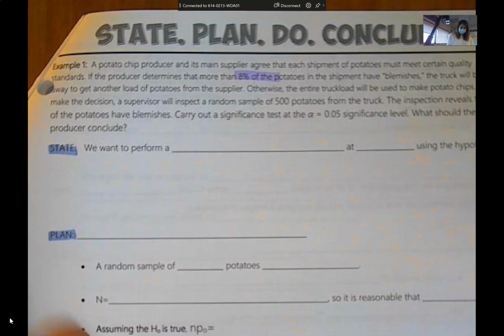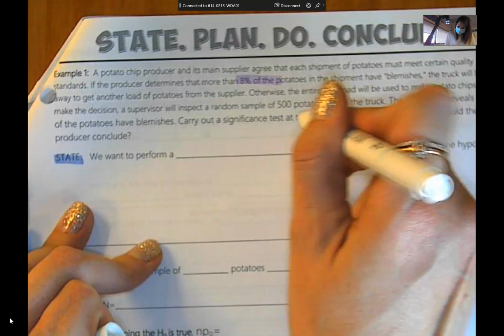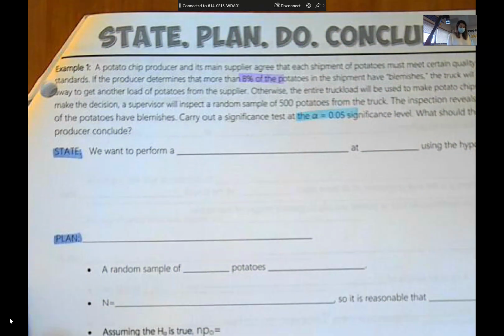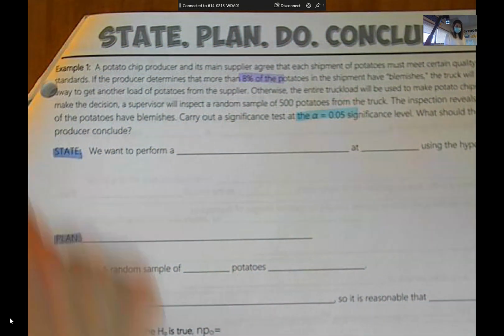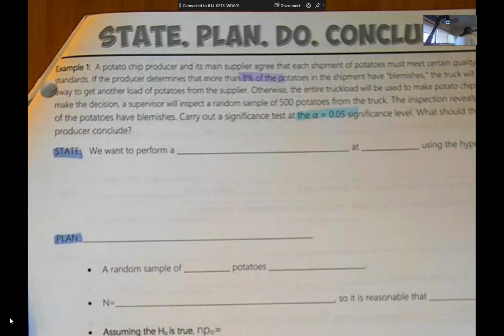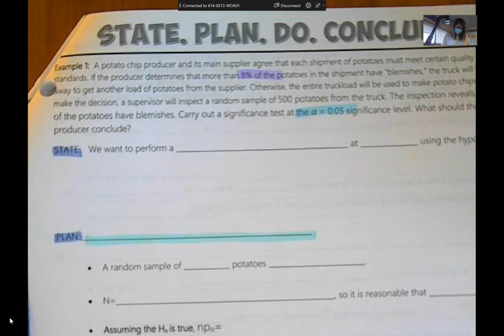So the alpha that they want us to use is 5%. And the question that we're answering is, should we reject the shipment or keep the shipment? Okay, so I'm going to do just a smidge of highlighting before I start.